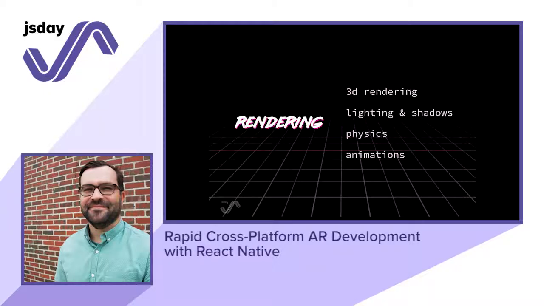Some things a rendering engine might be responsible for: 3D rendering, obviously, drawing the objects within the space; lighting and shadows, to simulate the sun or other lighting sources; physics, to allow 3D objects to interact with each other, with things like gravity and friction coming into play; and animation, such as animating a character's movements throughout a scene.